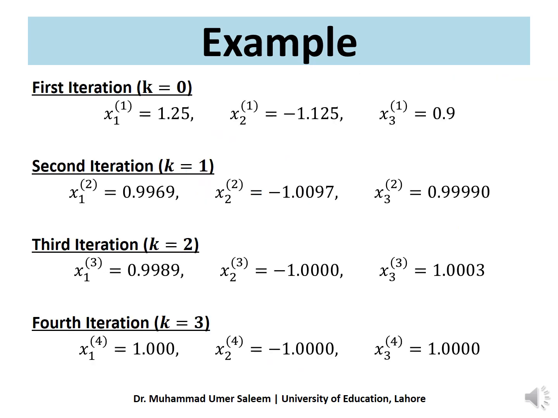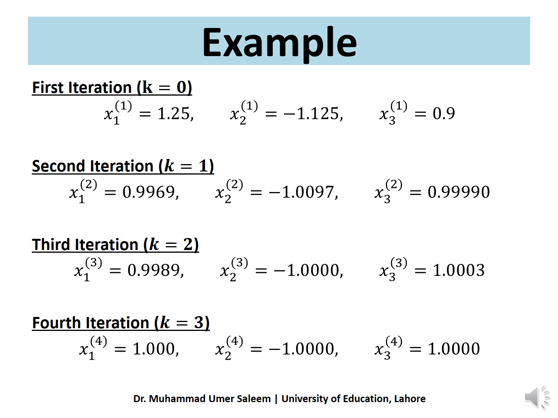For the first iteration, put k equal to 0. So x1 will be 1.25, x2 will be minus 1.125, and x3 will be 0.9. This calculation you can do easily, so pause your video here and check these calculations.